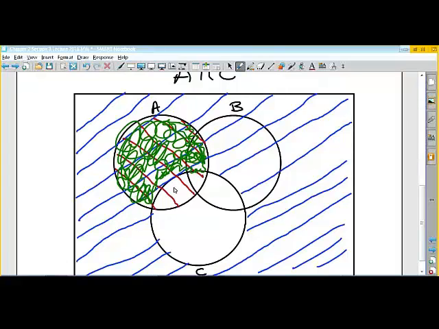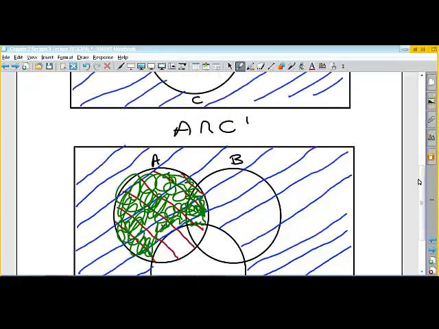This looks like A, and I'm subtracting what I have in C. So it turns out, this is a statement that's always true. If you have A intersect the complement of C, that's the same as taking set A and subtracting what's in C. It turns out that's a lot easier to do than what we just showed here. We'll use that in the future. So A intersect C complement can be replaced with A minus C. So we've proven that one time it always works. We'll use that in the future just to make our life easier.